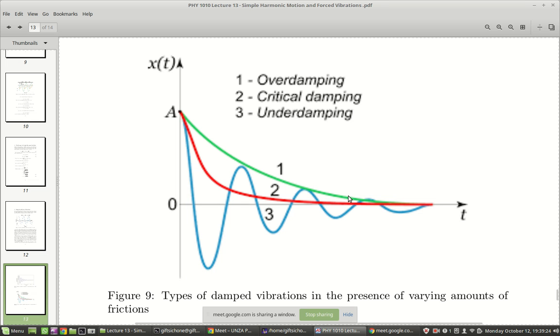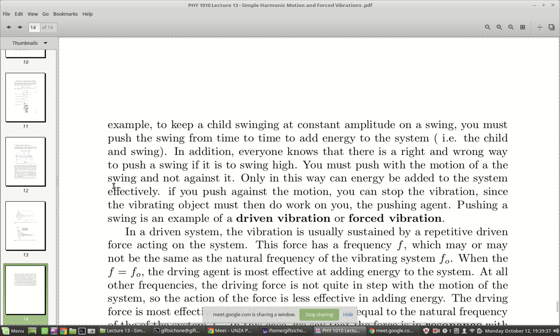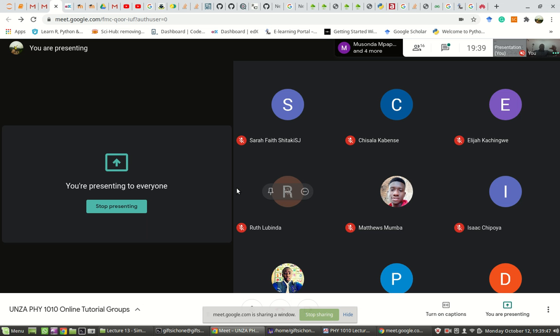There is under damping. When something is under damped, you stretch the spring, the mass is attached to the spring, then you let go of the mass. What's going to happen is the mass is going to approach the equilibrium position, but it will not stop at the equilibrium position. It's going to go to the other side.